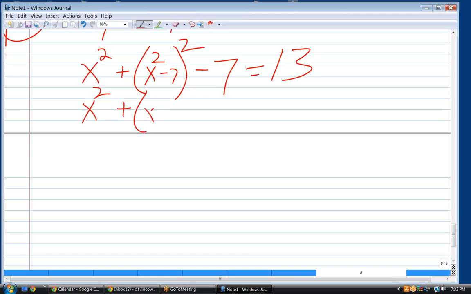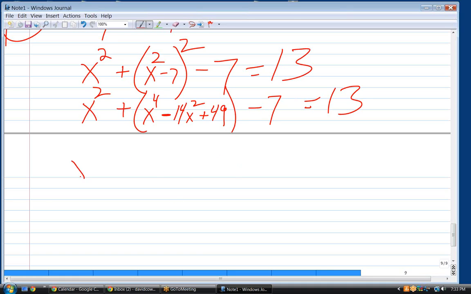That's x to the 4th. Remember, the middle term is going to be 2 times that times that. When you memorize a binomial expansion, that's what you memorize. So it's 14x squared. And I didn't FOIL that, I just based it on memory. Okay, now let's simplify it.